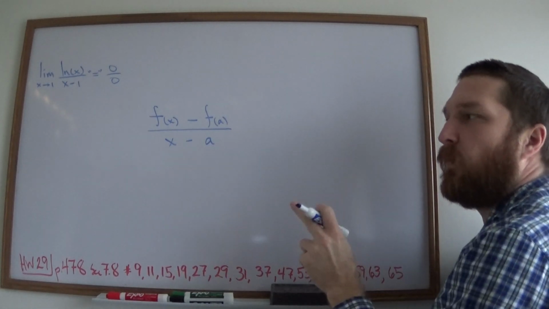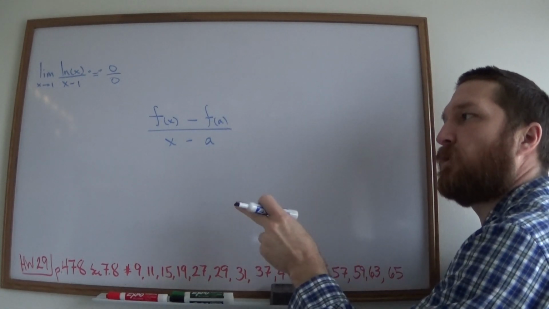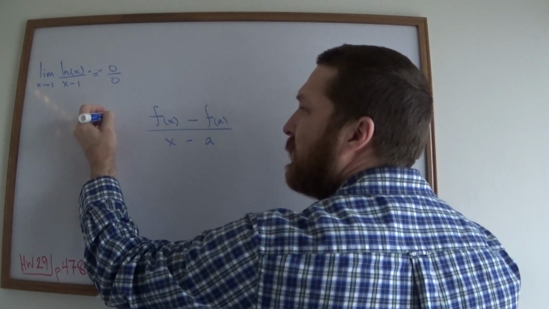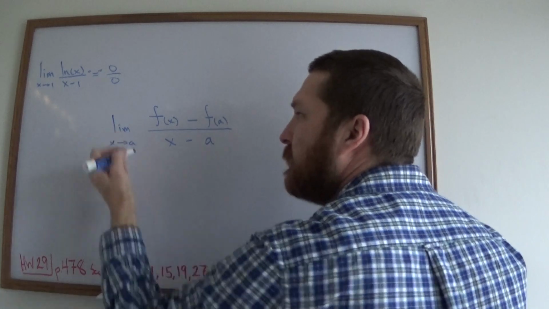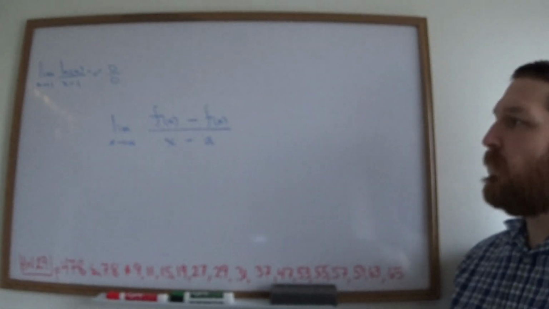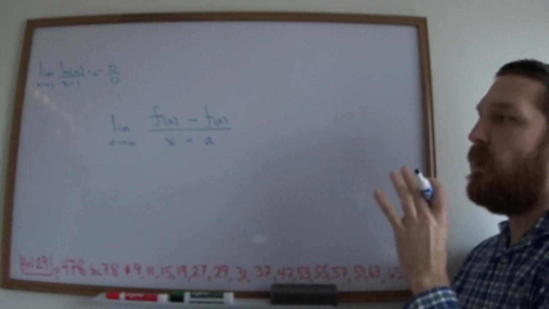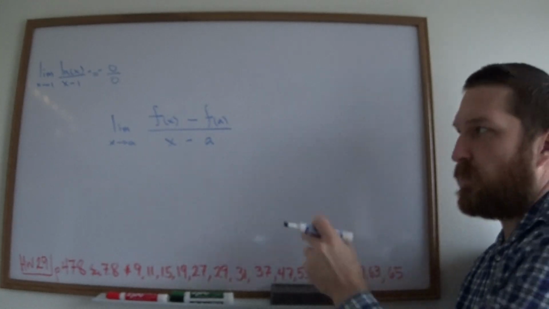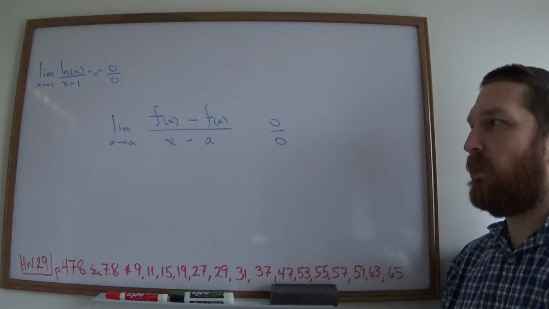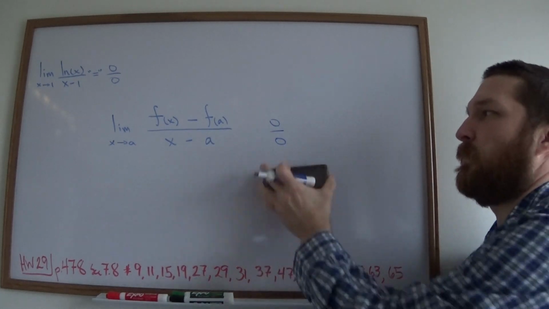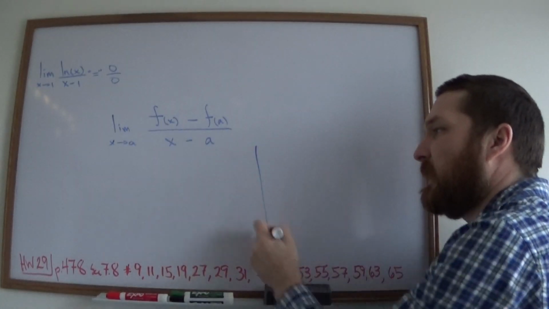We could do f of x plus h minus something, or we could think about it like this, as x goes to a. Every difference quotient goes to 0 over 0. If it doesn't, then it's not a difference quotient, by the very way it's set up.